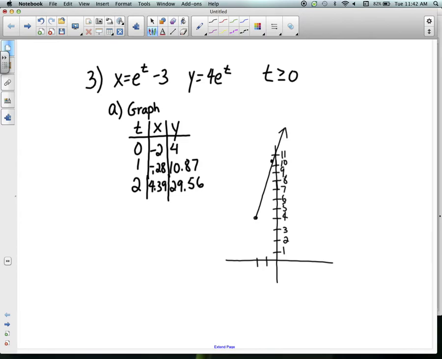So there will be times where the calculator will be needed to kind of help you with the graphing.